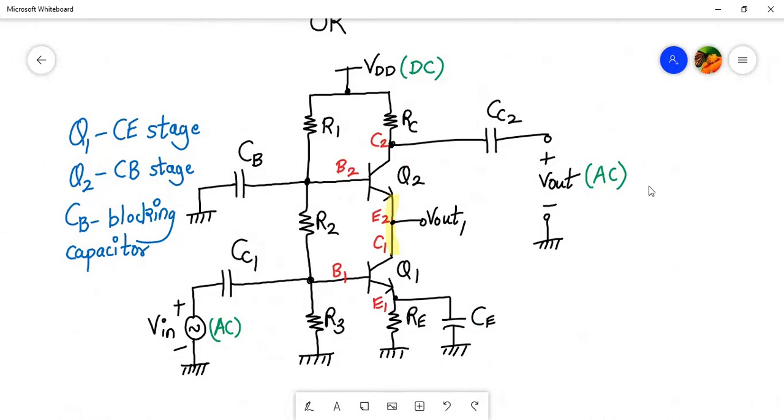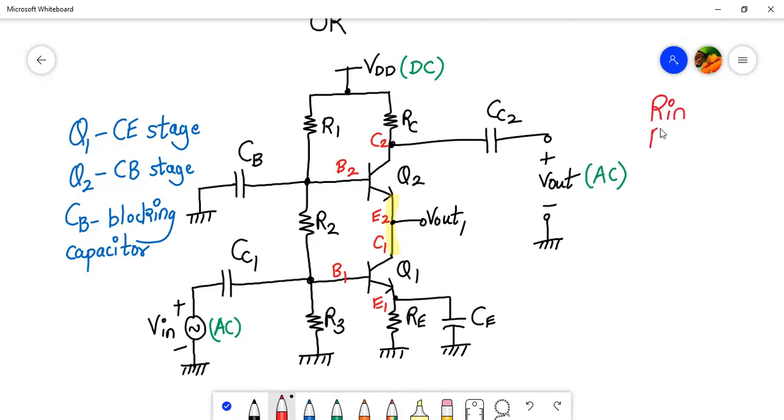Also, one more thing, you note what all things we can calculate from the AC analysis. From AC analysis, we have to calculate the input resistance. Let me write down what all things we have to find out. First of all, the input resistance, then output resistance, then the voltage gain, and finally the current gain.